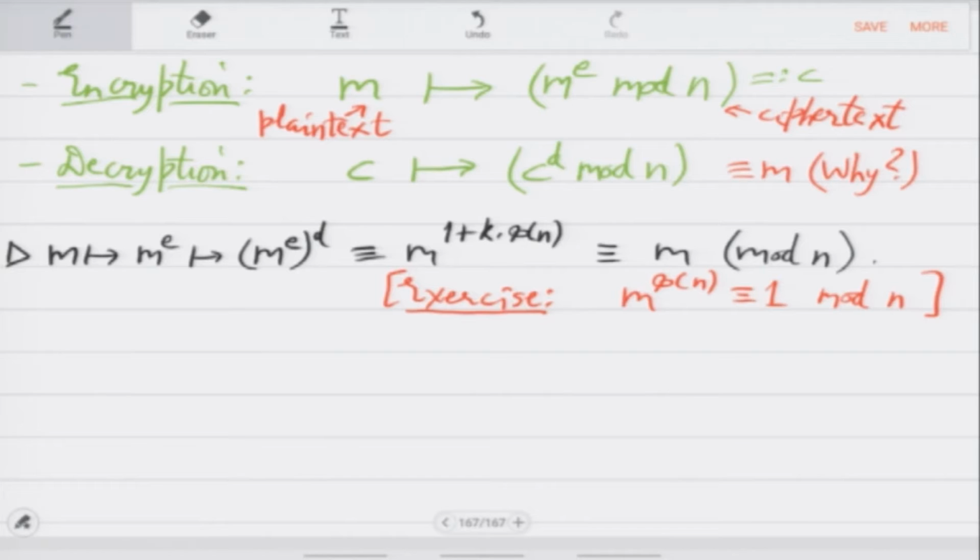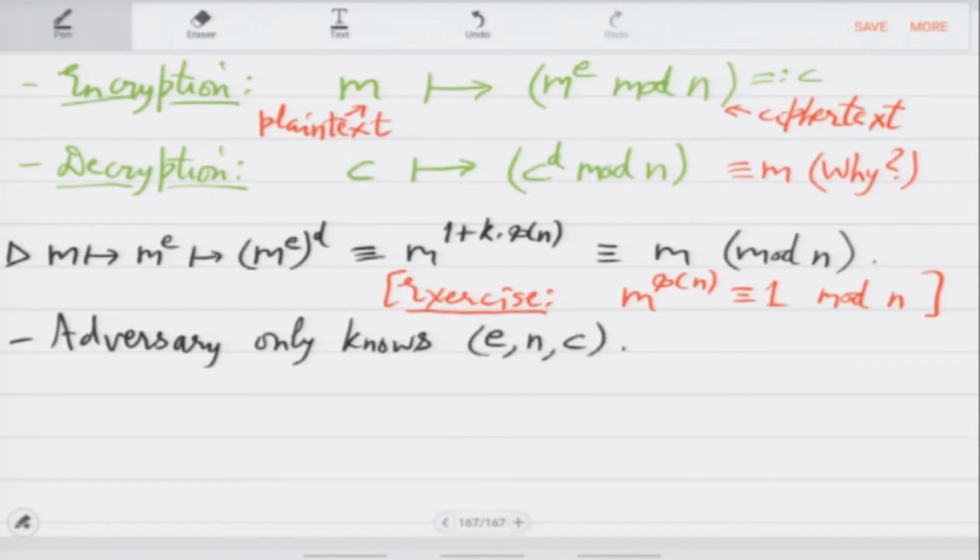So the adversary only knows E, N, C. Now using this, how will the adversary find P and Q?